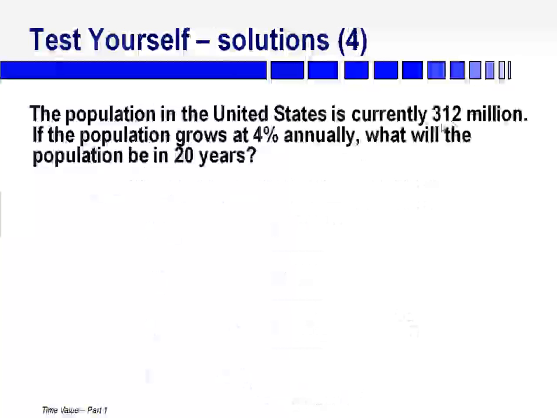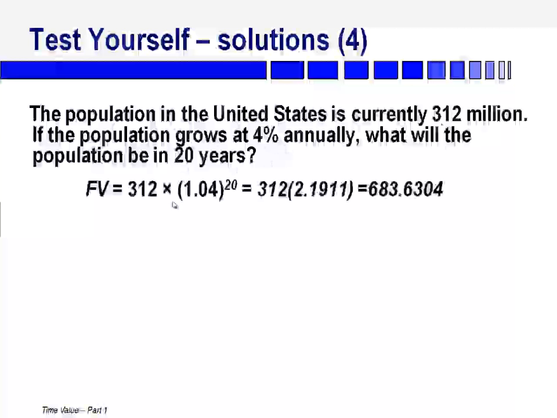Our population is currently 312 million. It grows at 4% annually. So what will that population be 20 years from now? 312 times 1.04, 1 plus the interest rate, raised to the 20th power.